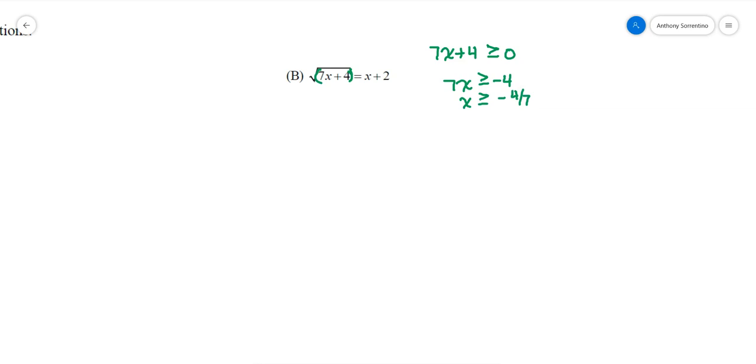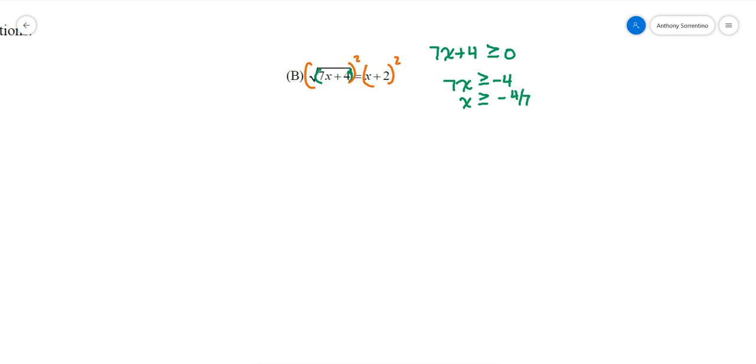Anything that's under negative 4/7 will not be an acceptable answer. But I'm just going to work under the assumption that I'm only considering values of x that could exist. So I'm going to square both sides to get rid of that radical.